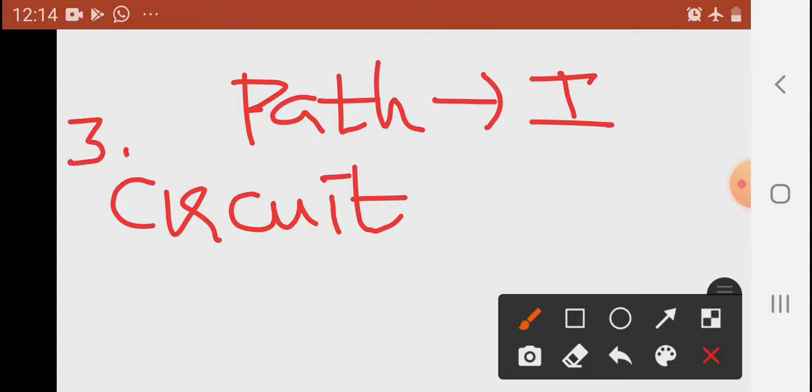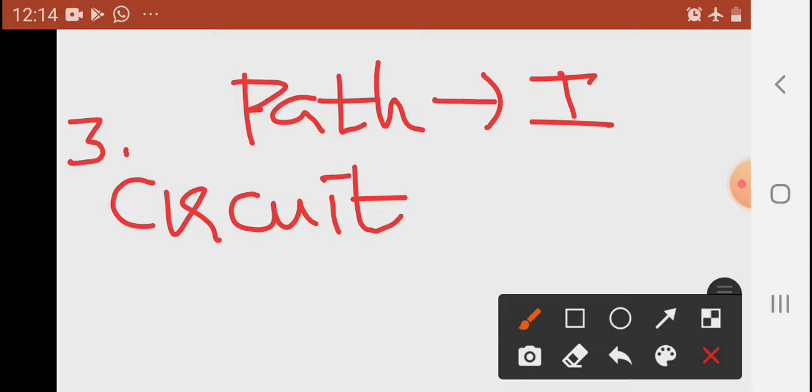Can you understand? The fourth one is miniature circuit breaker. So I think we discussed that in the last video. Miniature circuit breakers have been replacing the electrical fuse in wiring in most places.